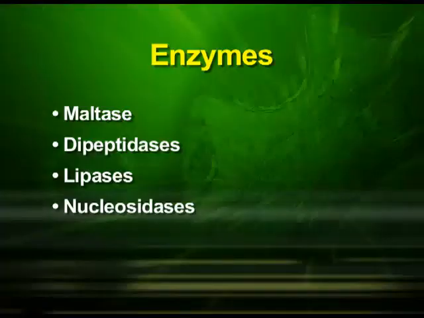It is interesting to note that succus entericus is a common juice which contains so many kinds of capabilities. It has enzymes for all kinds of food, starting with maltases, dipeptidases, lipases and nucleosidases.